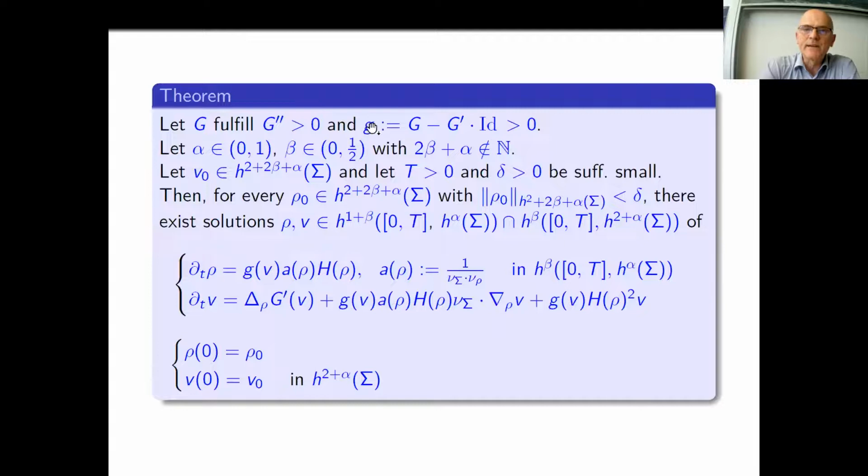So this is why we need an assumption that this small g is positive as well. And then in a setting of these little Hölder spaces, assuming enough regularity, we can show local existence.